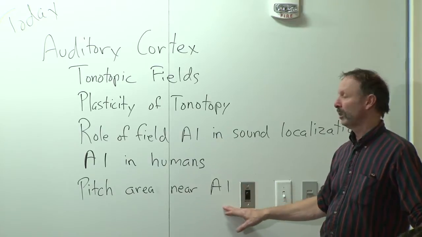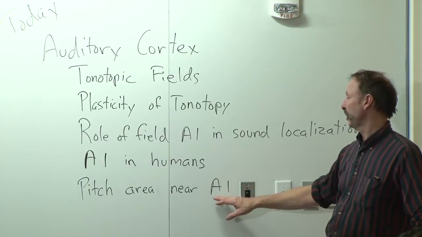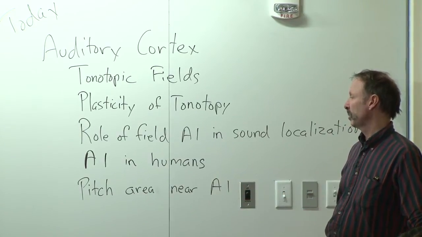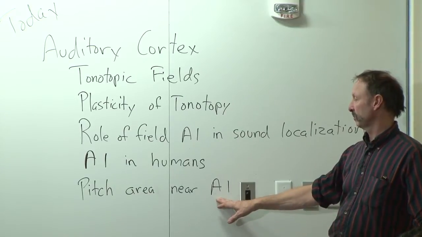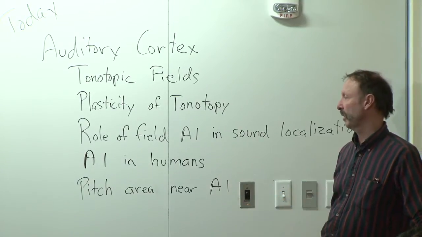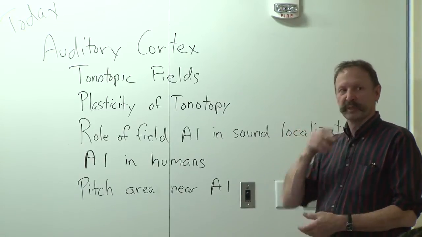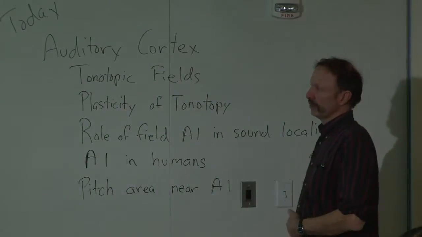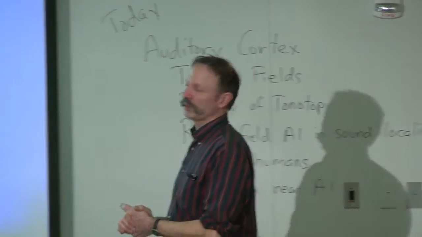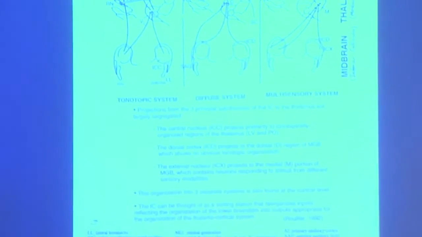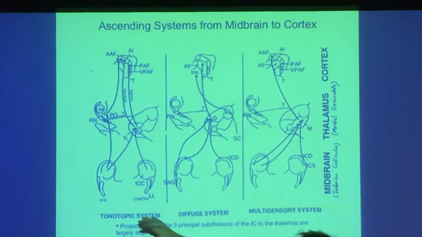And it's an area near A1, but a little bit beyond it. So we'll talk about those imaging studies. And that relates to the paper that we have for assigned reading for today's lecture. So that's the roadmap for today. So the first slide is a very complicated slide that, as I said, has the inferior colliculus on it.